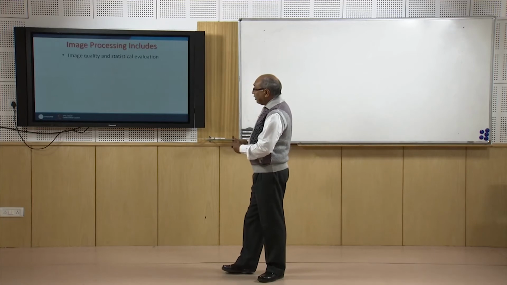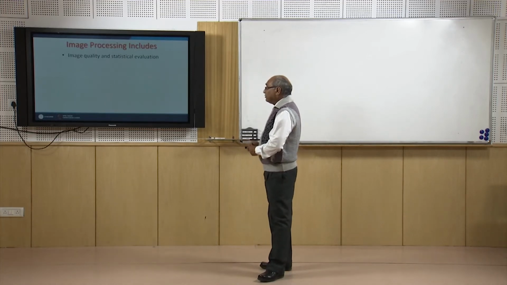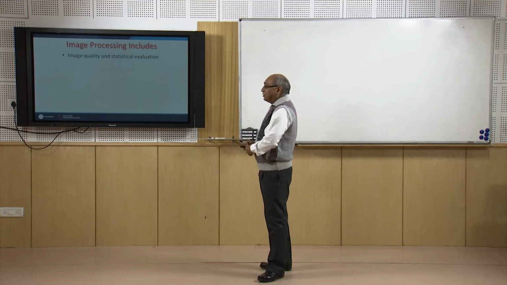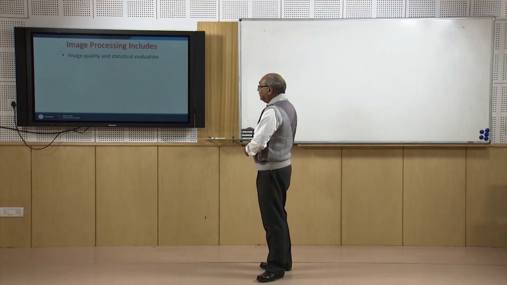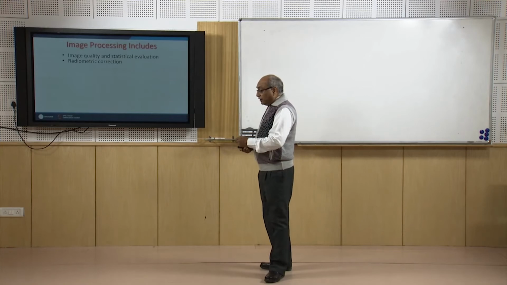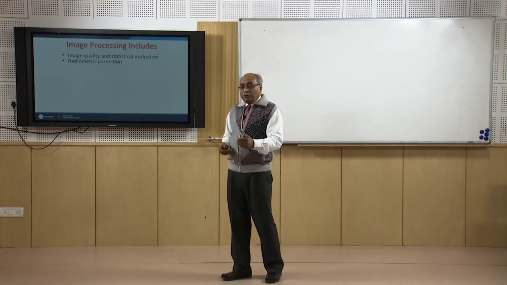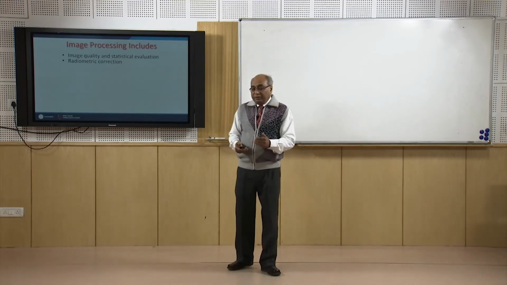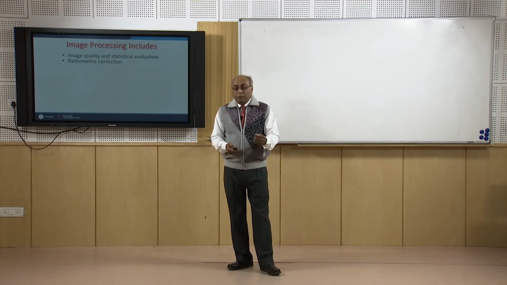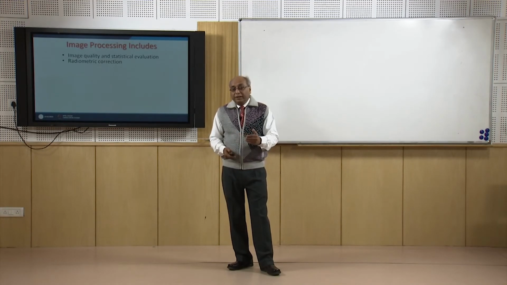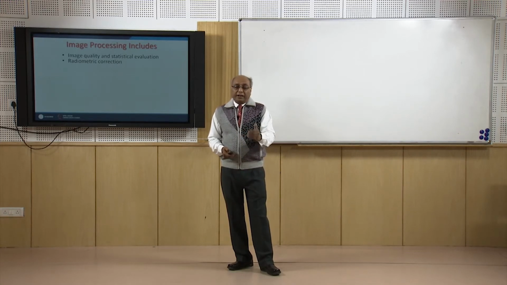So, we also try to assess what is the quality of an image. We also try to perform some statistical processes on it, because before we go for further processing or enhancement of the images, we must know what is the minimum value in my image, what is the maximum pixel value, what is the standard deviation, how pixels are distributed. That prior information will help me to decide which enhancement technique would be better for that particular image.